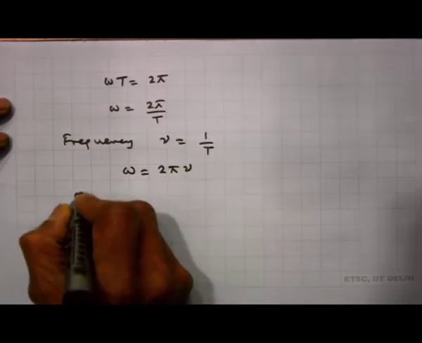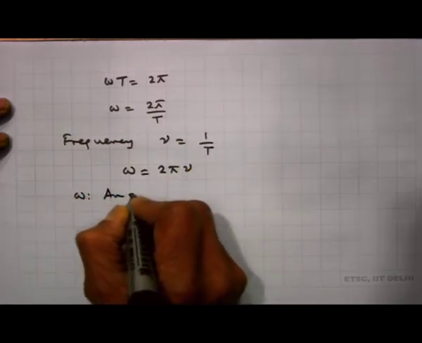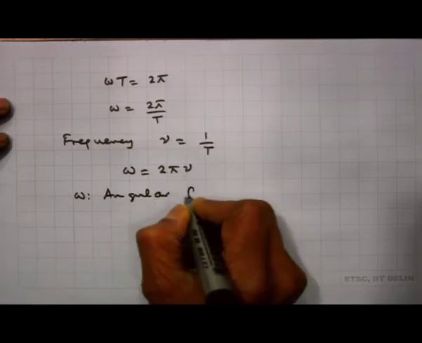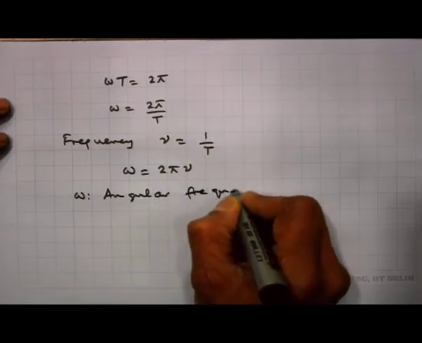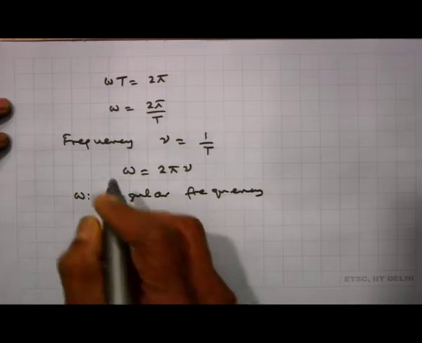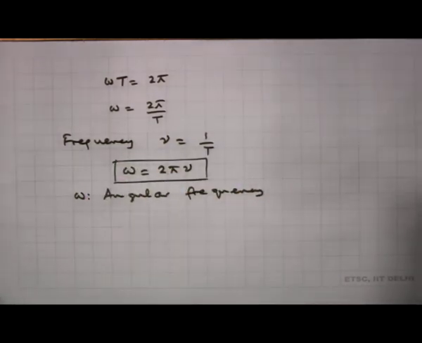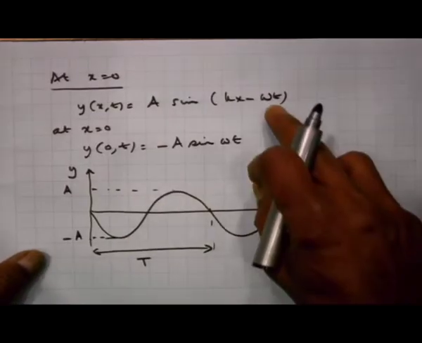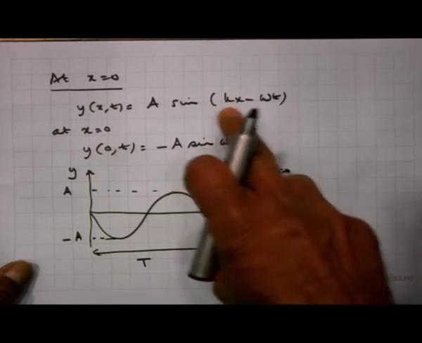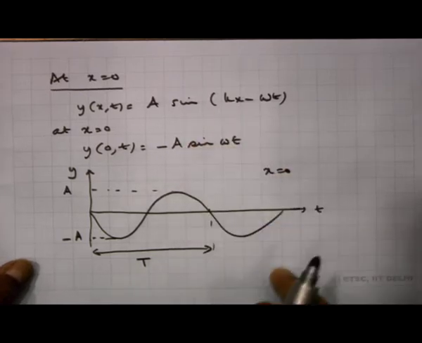So, omega is called the angular frequency, and nu is called the frequency. So, this quantity omega which appears in this equation is nothing but 2 pi times the frequency, and k which appears here is nothing but 2 pi by wavelength.